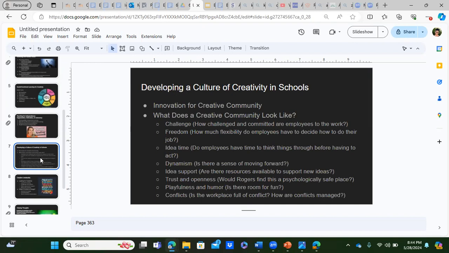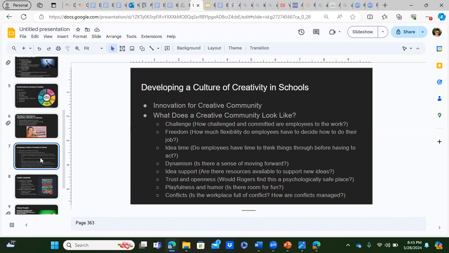Number 1, challenge. How challenged and committed are employees to the work? Number 2, freedom. How much flexibility do employees have to decide how to do their job? Number 3, idea time. Do employees have time to think things through before having to act? Number 4, dynamism.